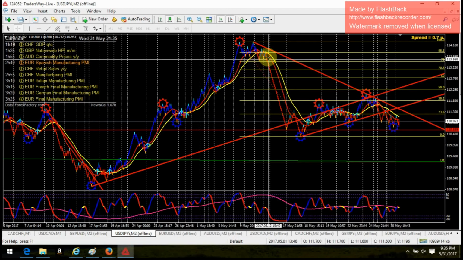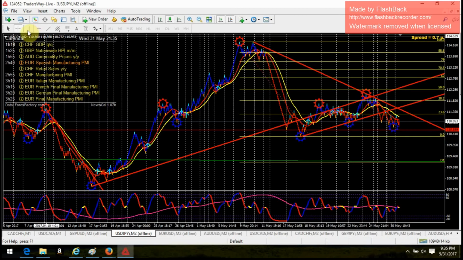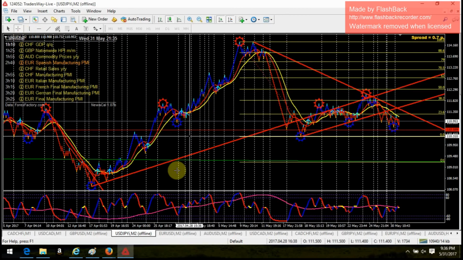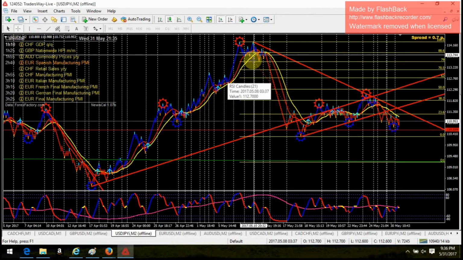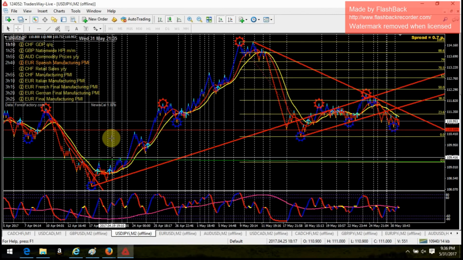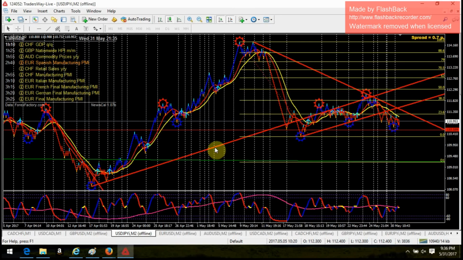There's a possibility we could have caught this, not this whole move, but to show you. Alright, so you could have actually caught a lot of this. So let's see. Let's delete this. Use trend lines.